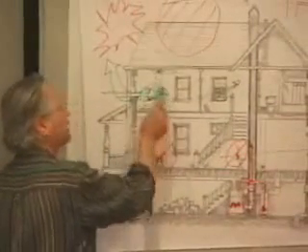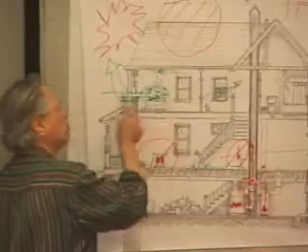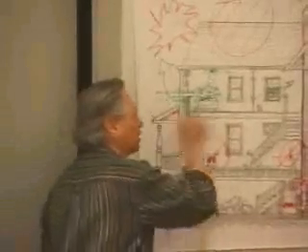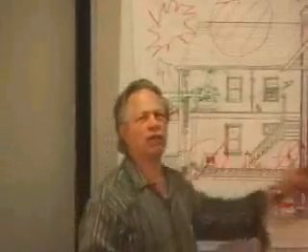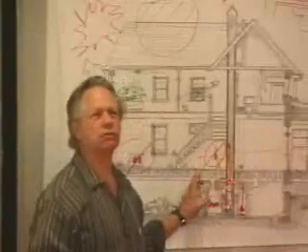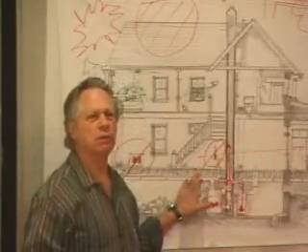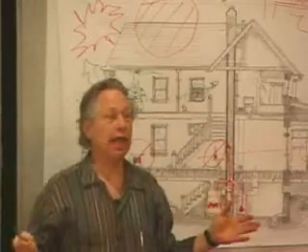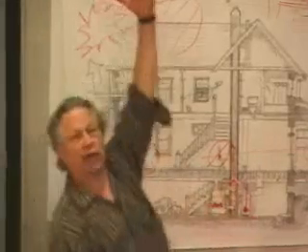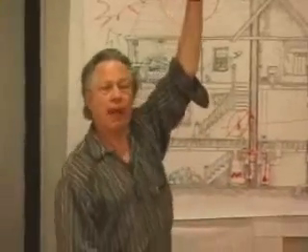Now, if I want this to be moving very quickly and I want lots of air, how many other windows do I open up in the house? None. And do I open this window all the way? If I want most velocity, how much do I open the window? You open it up a small amount.